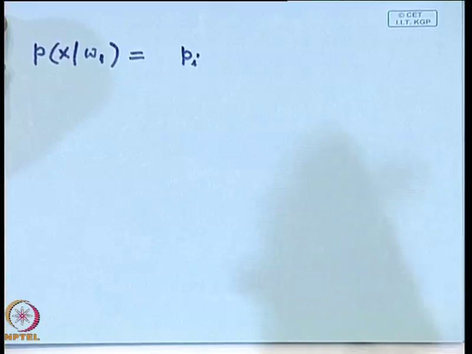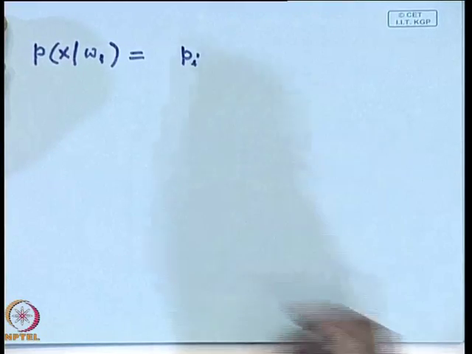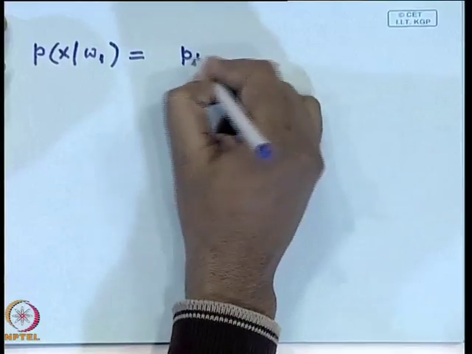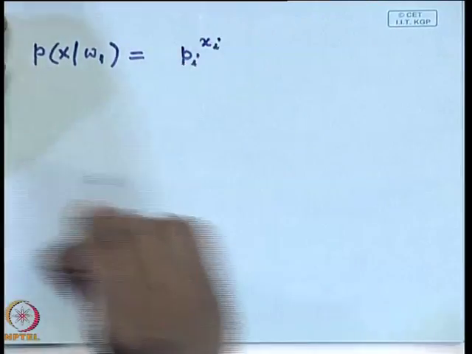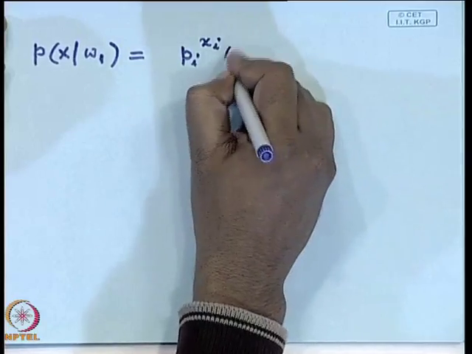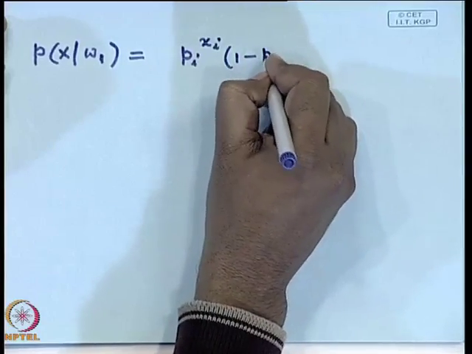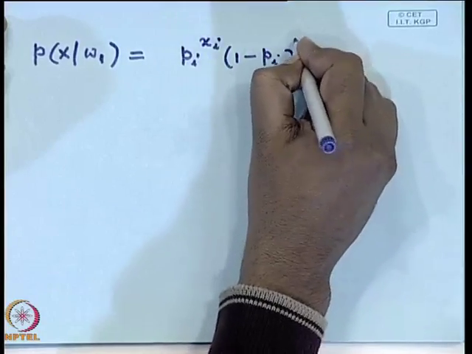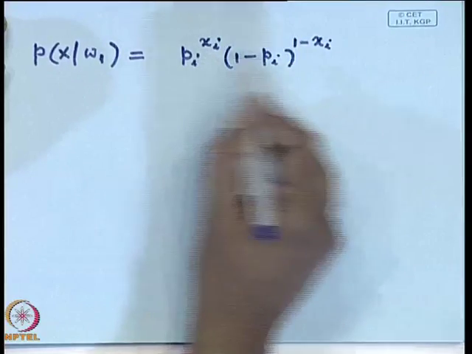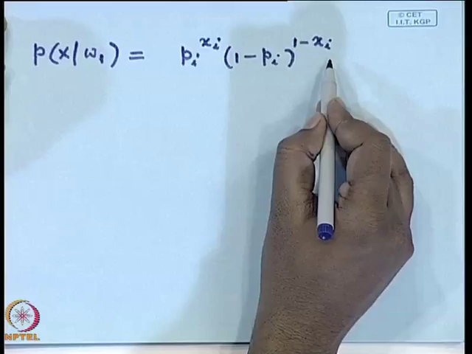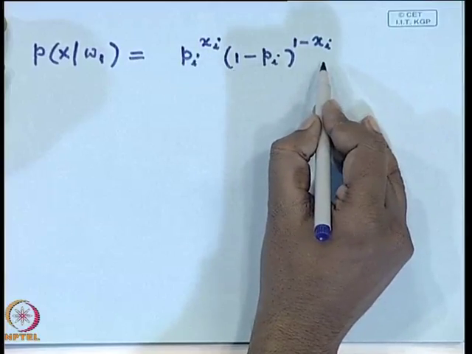But it also has a finite probability that it may have a value equal to 0, so I have to consider that as well. So, it is p i to the power x i into 1 minus p i to the power 1 minus x i. Obviously, if x i equal to 1, 1 minus x i equal to 0, and if x i equal to 0, 1 minus x i equal to 1.